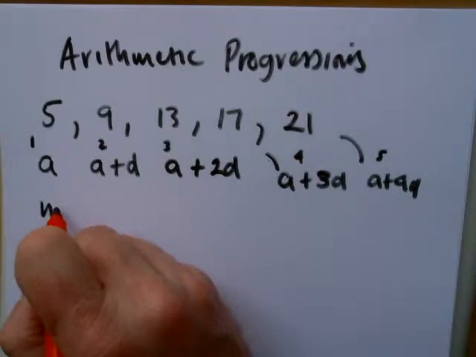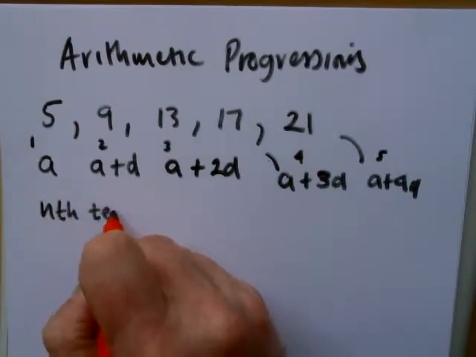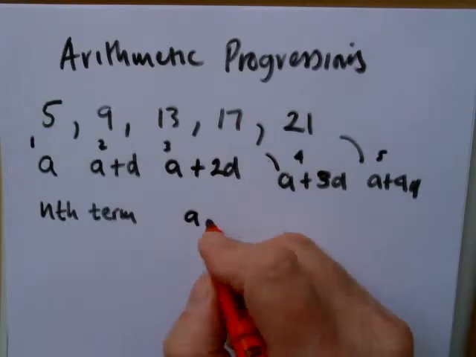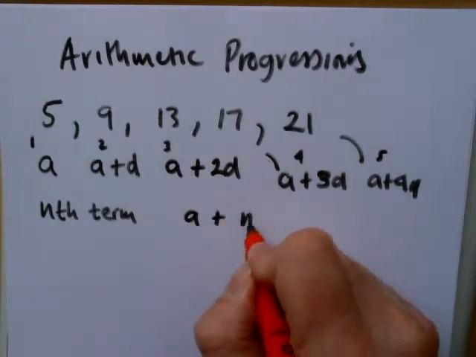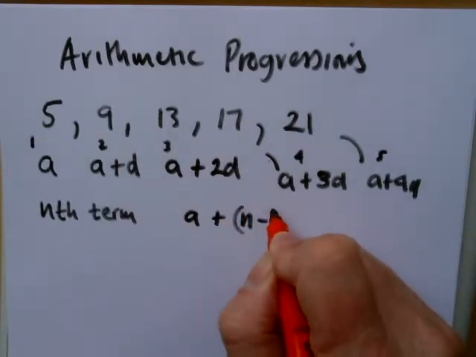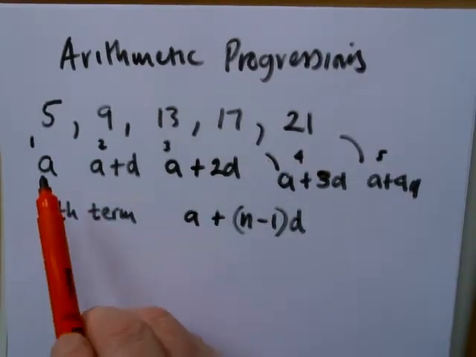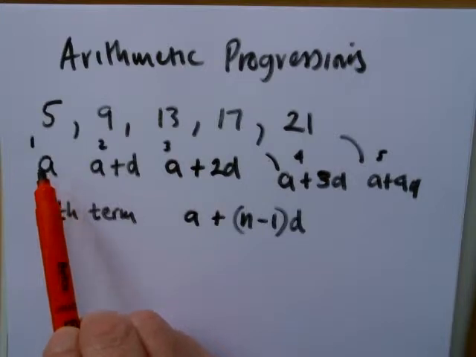So when we ask for the nth term, the most common mistake is a student will think that it's A plus nD. In fact, it can't be that, because the difference always lags 1 behind the term. So again, just to repeat that, the first term has no difference in it.